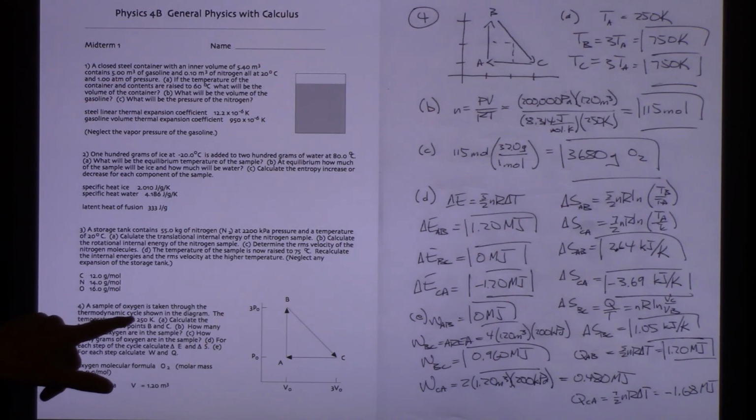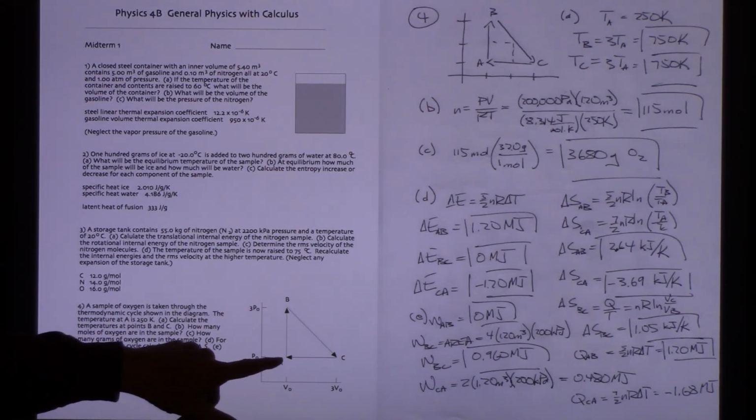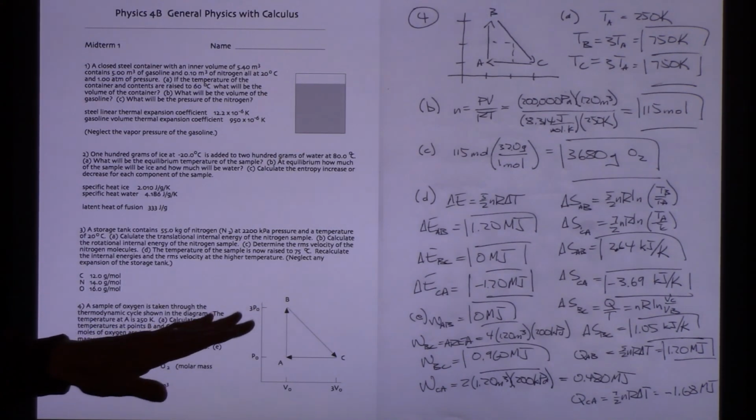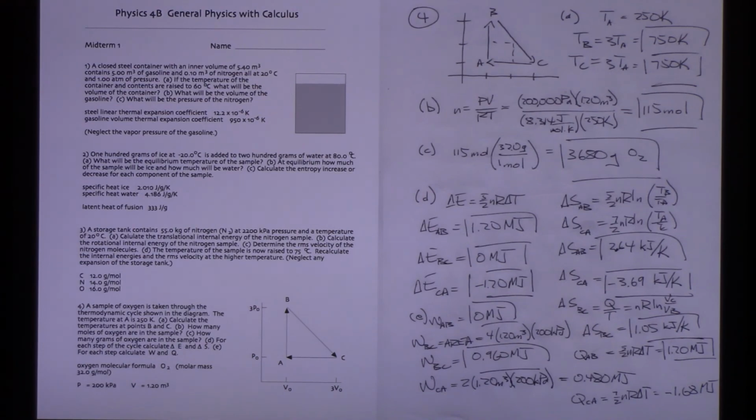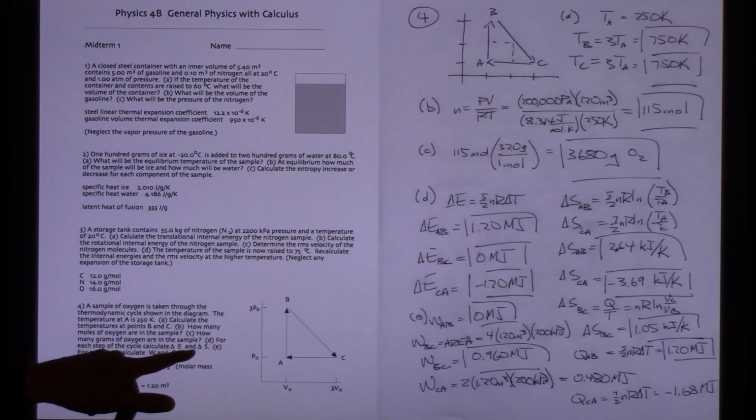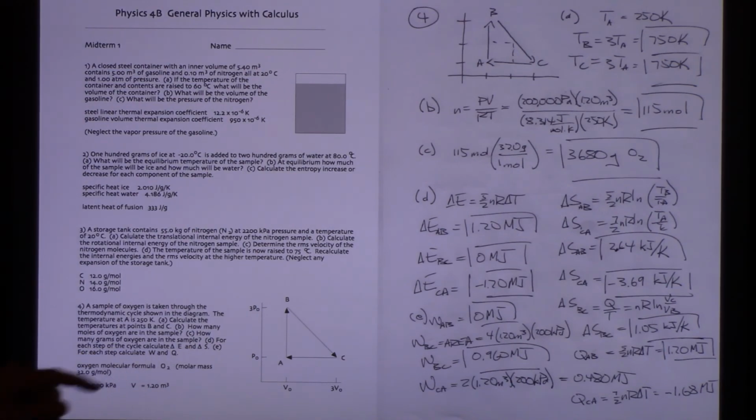It's taken through this thermodynamic cycle in the diagram. Our starting temperature at A is 250 Kelvin, so it's a little chilly. Calculate the temperatures at B and C. How many grams of oxygen are in the sample? And calculate delta E, delta S, calculate W and Q.